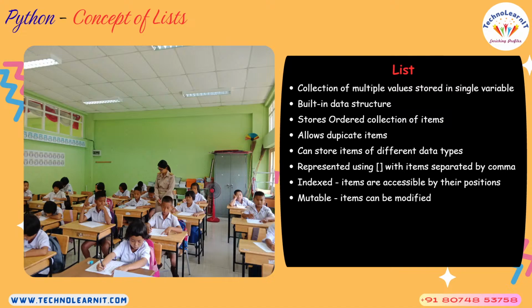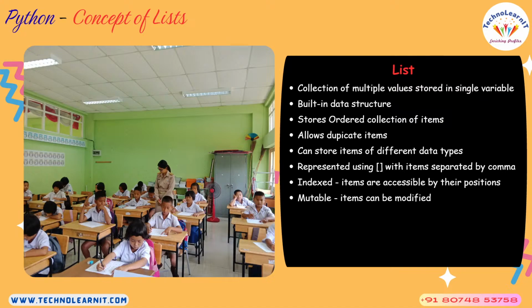If you want to store the marks of 60 students, you can use a list. A list will have one name, however, it allows you to keep storing multiple values in that single variable. List is a built-in data structure in Python. It comes by default once you install Python, and so you can directly go ahead and use a list in your program.